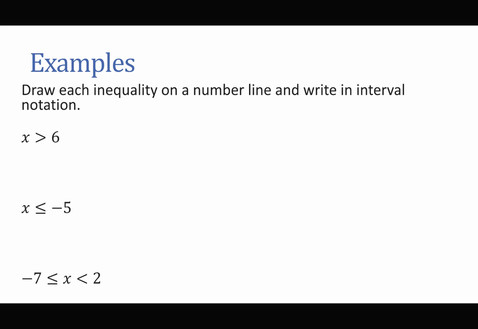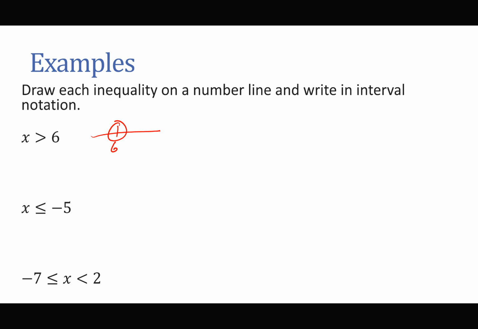Okay, so let's do a little practice here. Draw each inequality on a number line and write in interval notation. Okay, if it says x is greater than 6, so I know on my number line, I'm going to be here at 6.